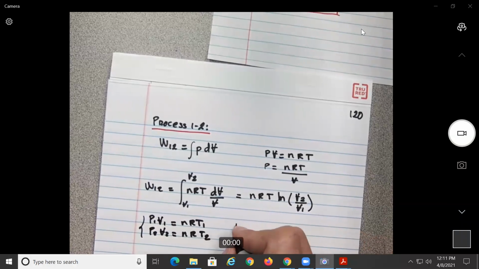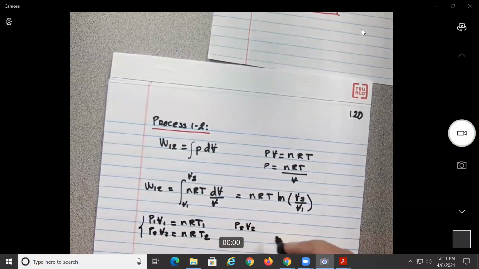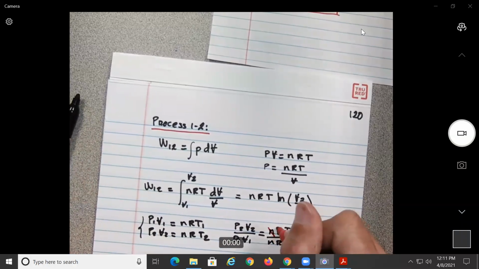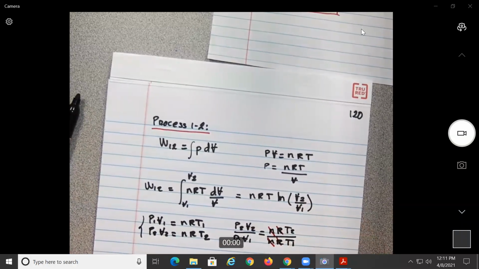So this will give you P2 V2 divided by P1 V1 equal to nRT2 divided by nRT1. T2 and T1 are also the same.